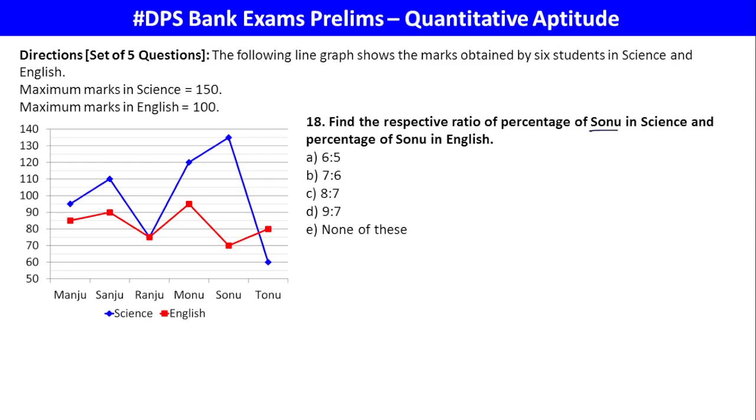Sonu in science, which is 135 out of science 150 into 100 is to Sonu in English percentage and marks are the same 70 upon 150 into 100. 7 cancellation on the 5 14 times 5 27 times. Right.